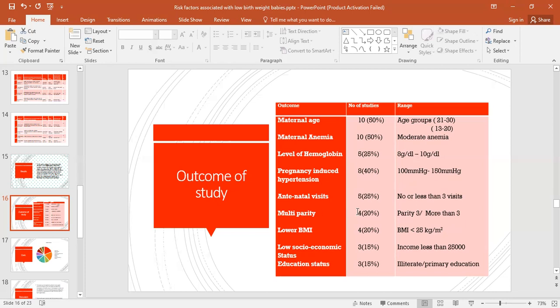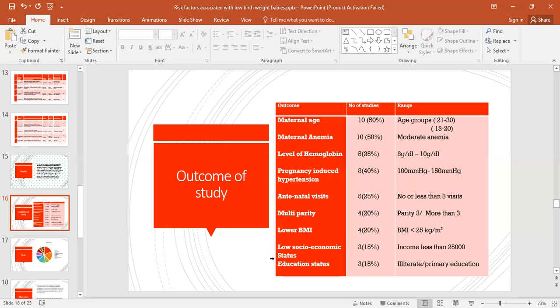Multiparity is identified in 4 of our studies, and the parity is more than 3. Lower BMI of the mother is also a risk factor for low birth weight babies, identified in 4 studies, and a BMI less than 25 is involved with low birth weight babies.